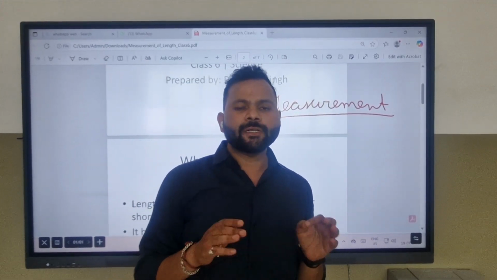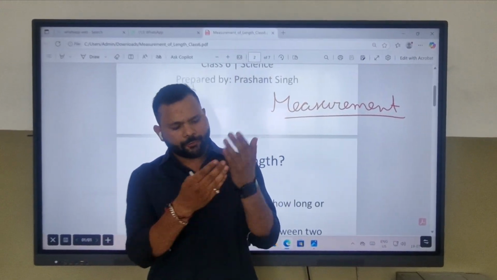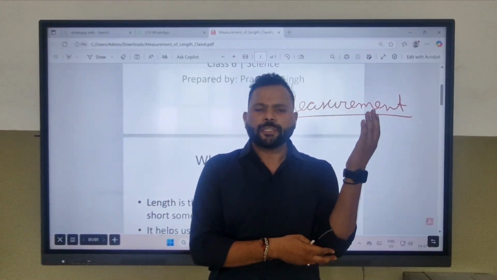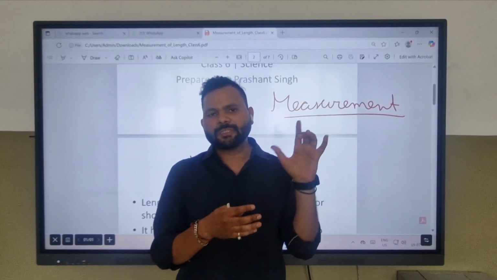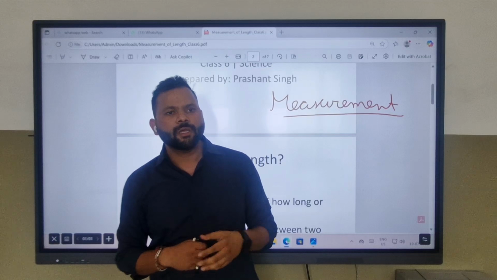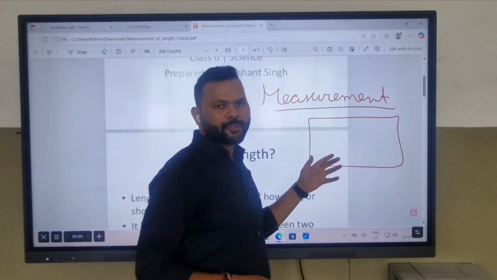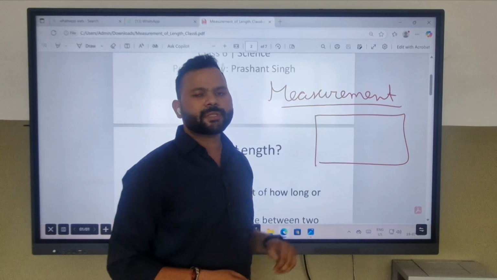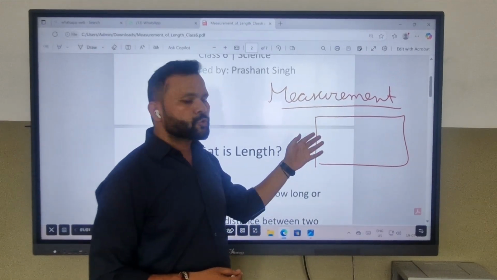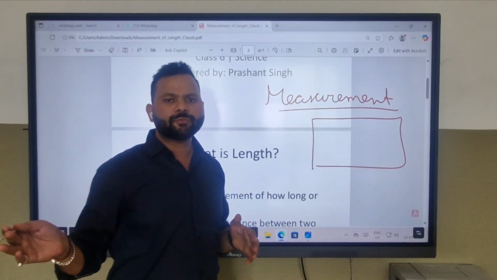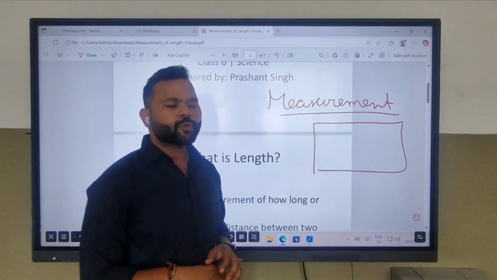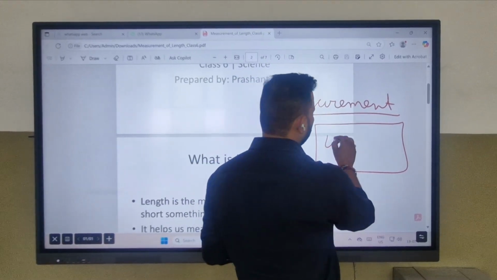Every person has a different length of forearm. If they have a table and want to measure its length, they measure it with their hand span. But two individuals will have different hand spans. So there was no uniformity.